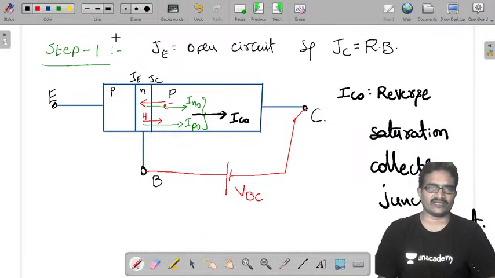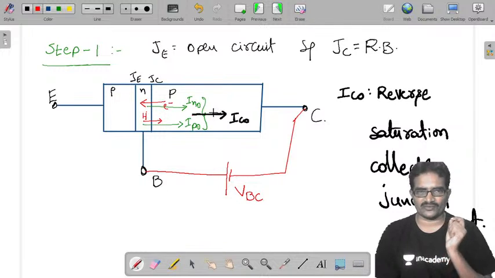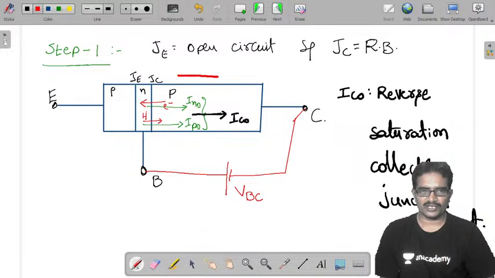Now if you observe one thing, this current seems to flow from base to collector, but according to standards, the conventional current direction for Ic naught should be from collector to base. Compared to the conventional one, the current is flowing in the opposite direction.